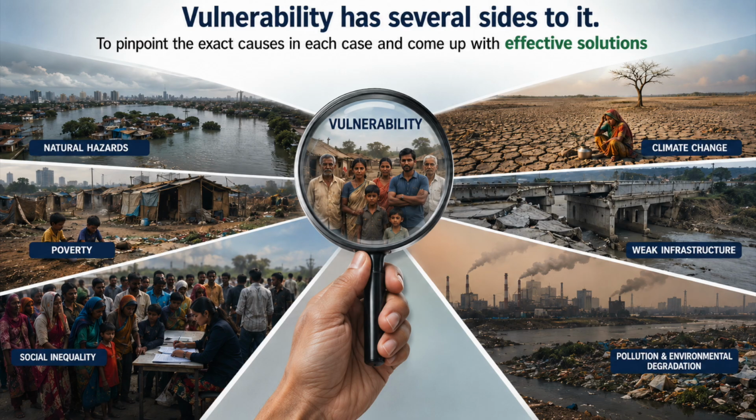As I described to you, vulnerability has several sides to it. To pinpoint the exact causes in each case and come up with effective solutions, the study of what makes people vulnerable who are at risk has to be firmly encouraged.